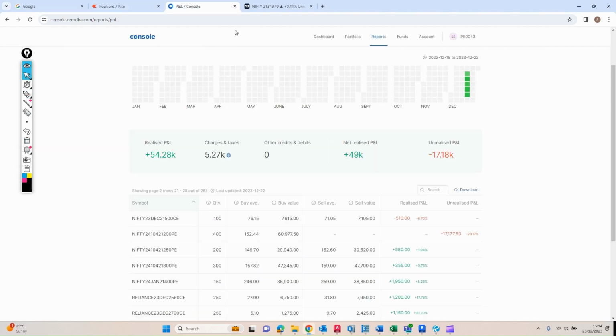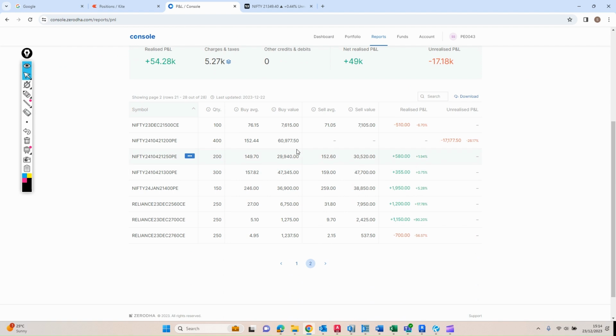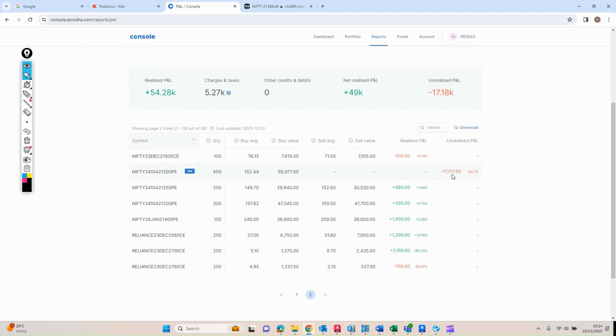Let me take you to the console over here. As of now the settlement has been above, so 2,000 rupees is lesser. I'll be updating about this trade as this is a positional trade. On Friday this was at minus 500 only, but I'm not going to square off this as of now. I will update about this trade in the upcoming days.